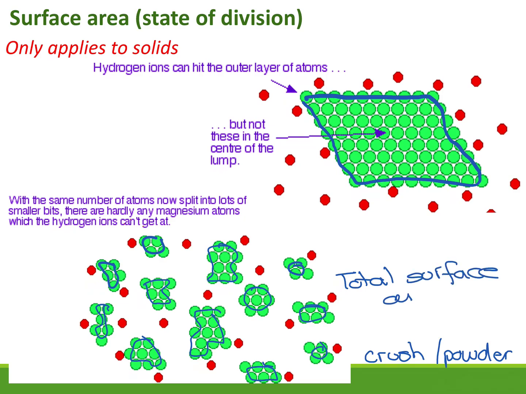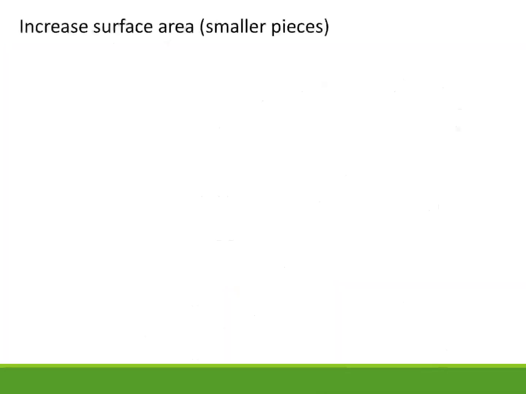Now, if I increase the total surface area, now I have lots of particles that are available. The more particles that are available, the more collisions we're going to have.